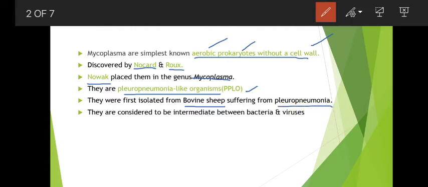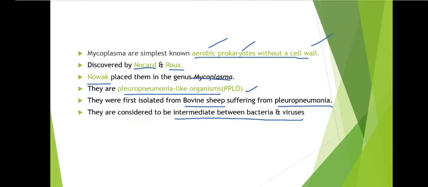So this PPLO or the mycoplasma leads to pleuropneumonia in animals. They're considered to be intermediate between bacteria and viruses. So it forms a link between bacteria and viruses.